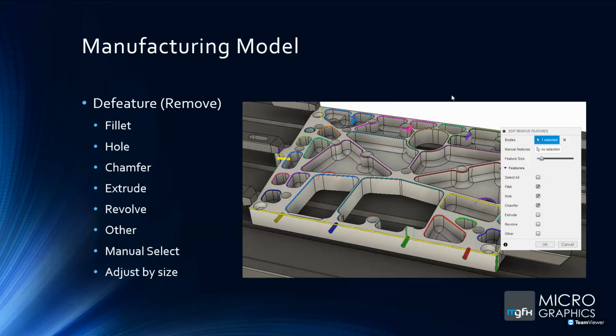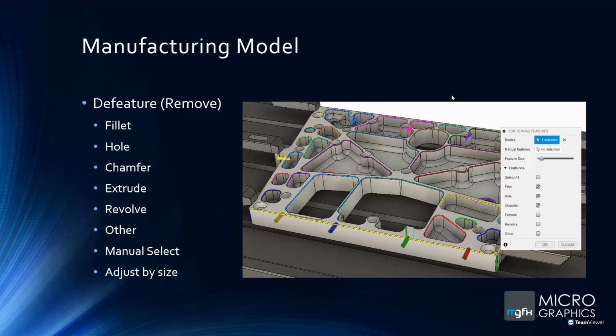The first thing we'll look at with the manufacturing model is how to actually de-feature. The list here on the left-hand side is a list of what you can de-feature from a part. We've got the options for fillet, hole, chamfer, extrude, revolve, other, and then there's a manual select as well. And you can also adjust by size.